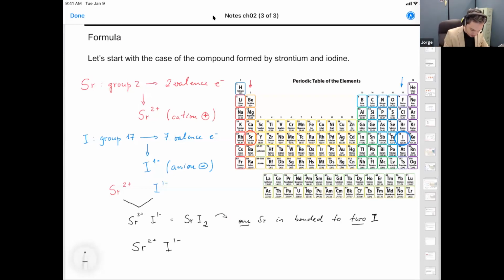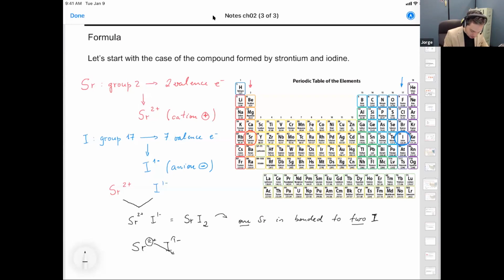How does that work? The number of the charge for strontium is 2. Just ignore the sign. So the number 2 is going to be moved to the bottom right corner after the iodine.